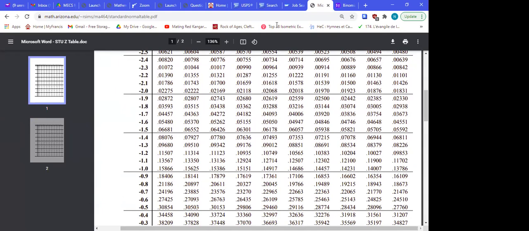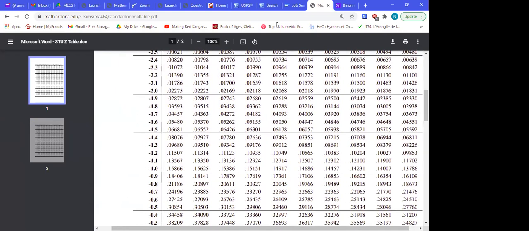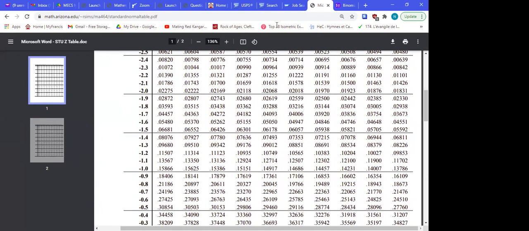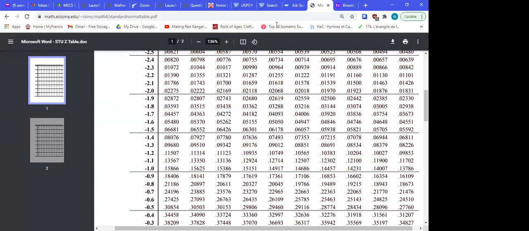So we are here. You see the number I'm trying to point at, okay? Can somebody read it? Thank you. That is 0.1566.